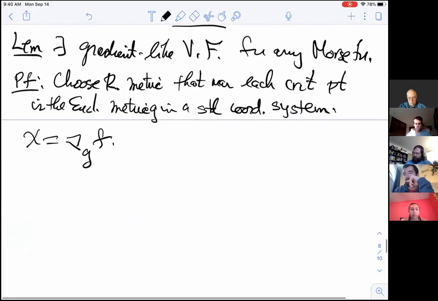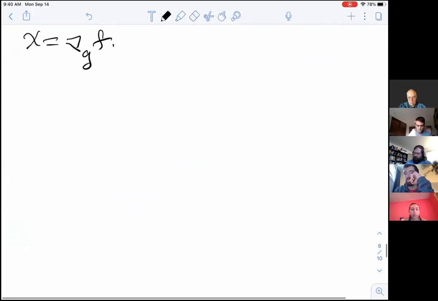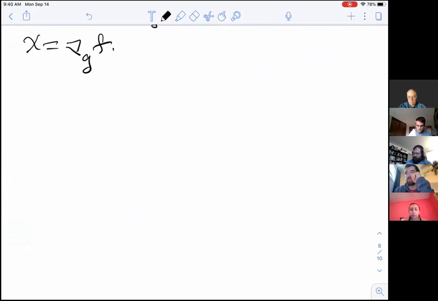There are many other ways to produce gradient-like vector fields, but they all involve patching together.